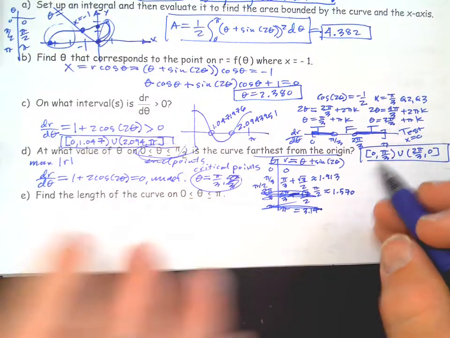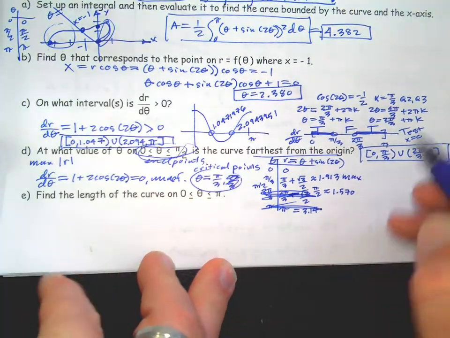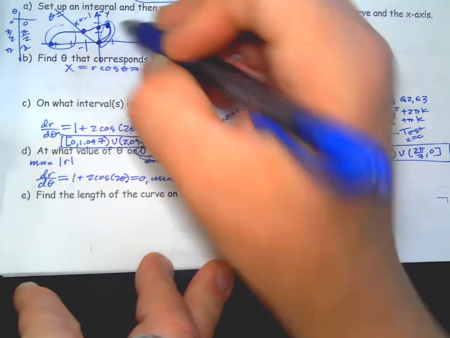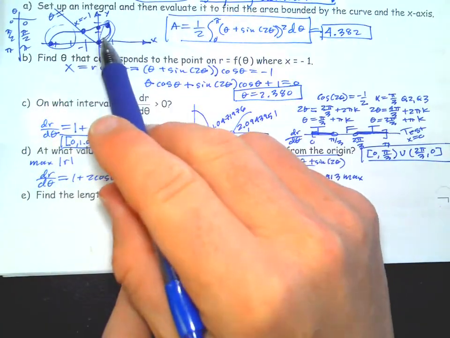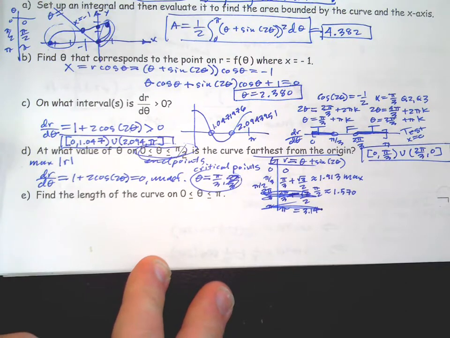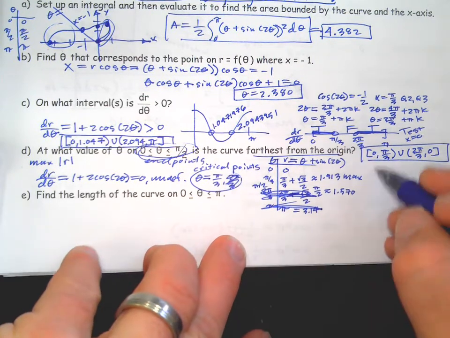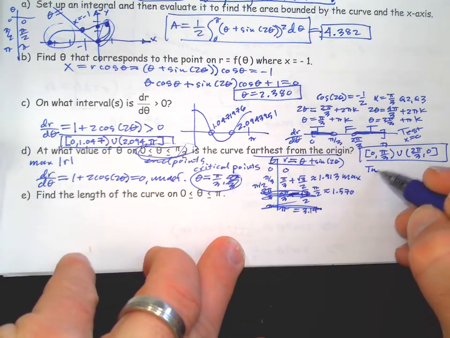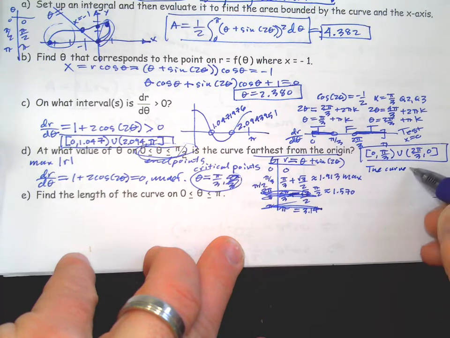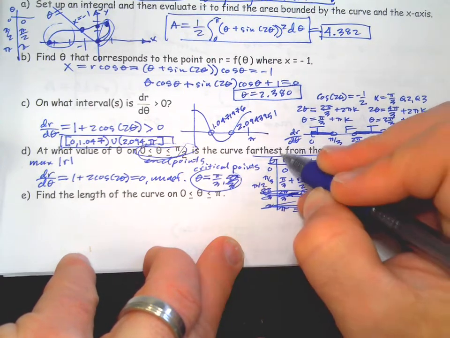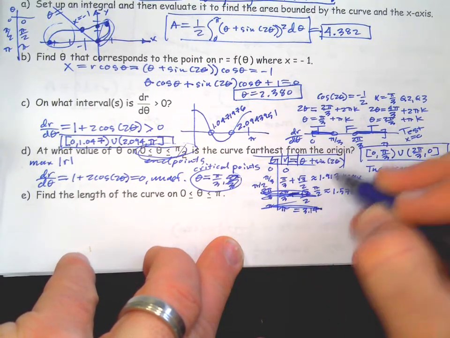So this is your max. And in the first quadrant, it does look like the max isn't at the edges between 0 and pi over 2. We could have done absolute value here. They all came out positive, so that's right.